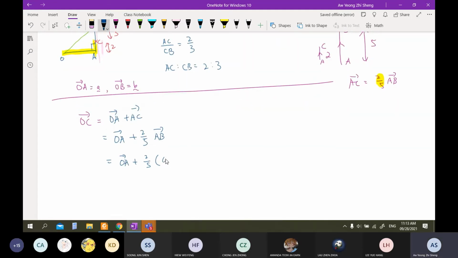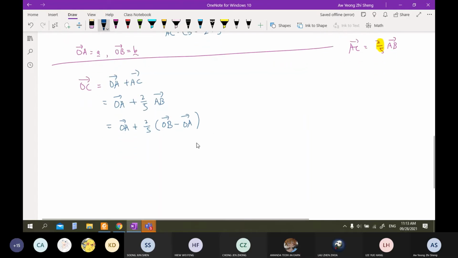For the vector AB, I will have OB minus OA. Now we change everything to small a and small b. This will be 2/5 b minus 2/5 a. Simplifying the coefficients, you have 3/5 a plus 2/5 b.